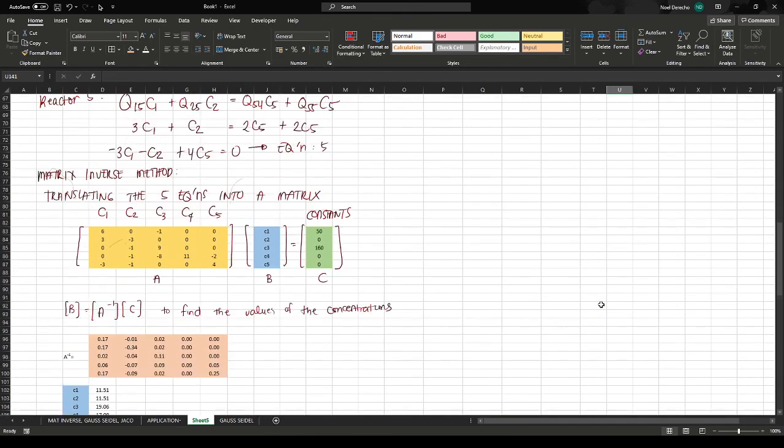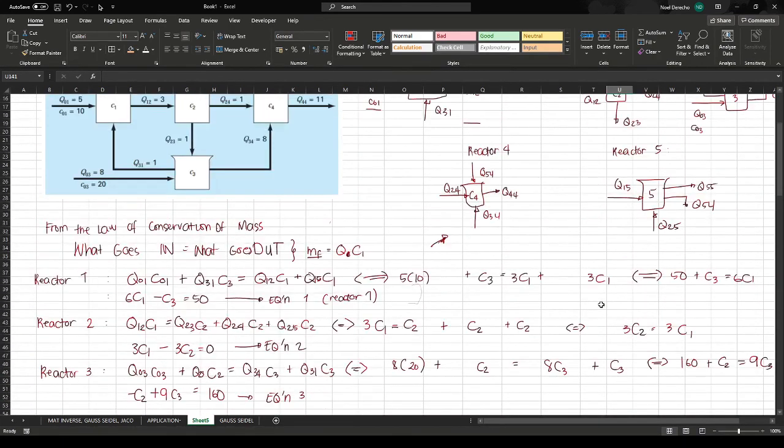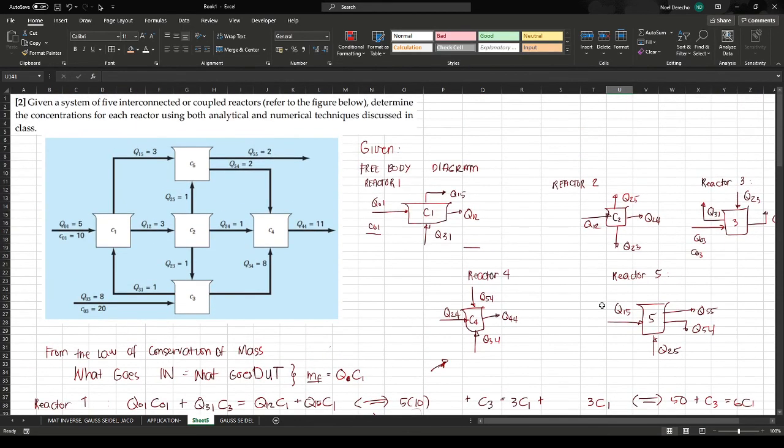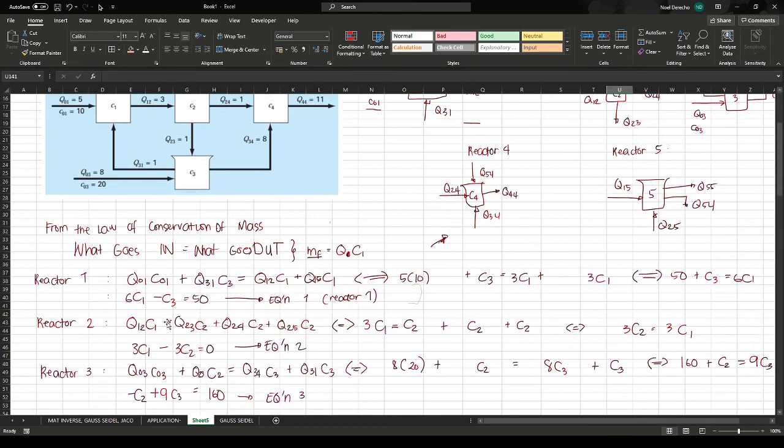So what is the point here? In engineering applications, you have to create the equations before applying the methods in numerical methods. Creating the equations is the more challenging part because you need to understand the theory and the principles. If you don't know the law of conservation of mass, maybe you cannot create this equation.